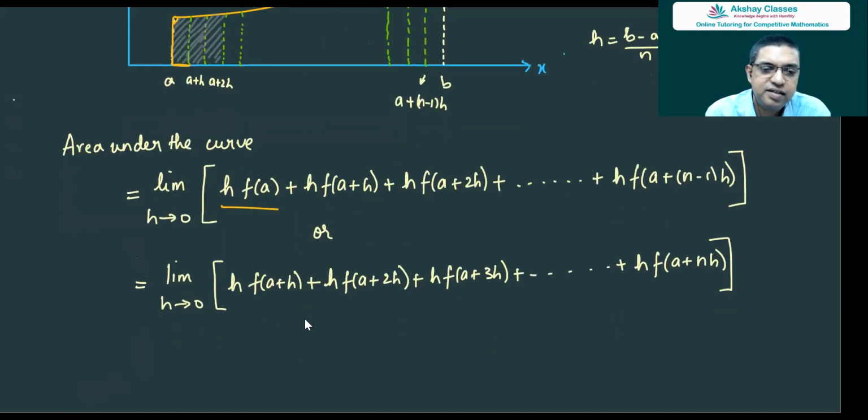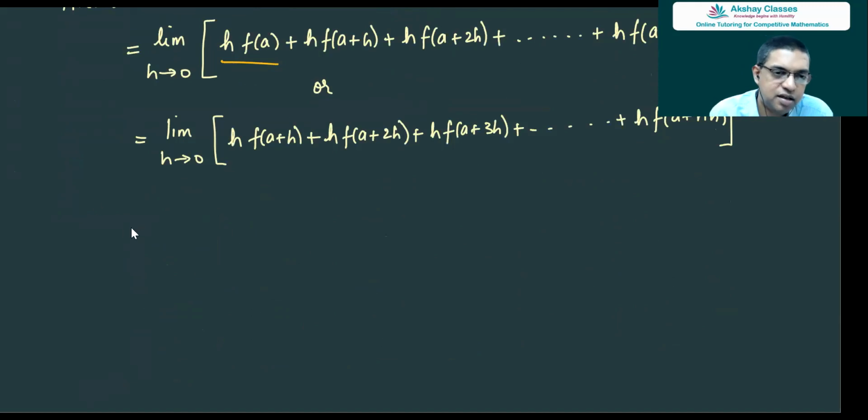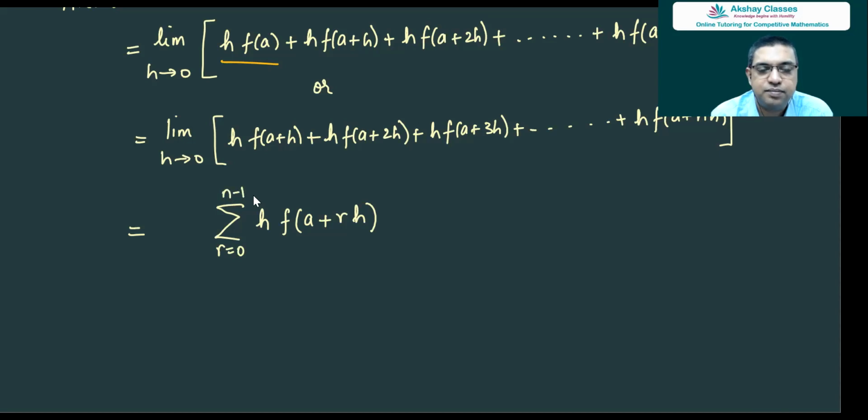Now I will write this like this. You see here, I will write this as sigma. Now h, first I'll write in terms of h, then I will change it. Now h remains constant here, but anyway, I'll write this as h times f of a plus rh. Okay. R varies from, in this case, the first case, 0 to n minus 1.